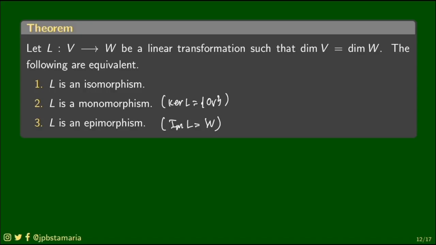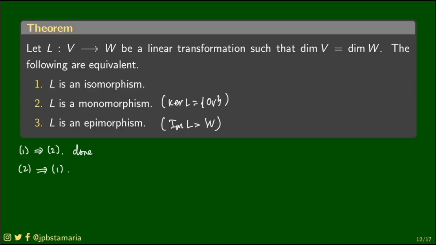To show why this is true, the key ingredient here is the rank nullity theorem. For example, 1 already implies 2 by default because an isomorphism is both 1-to-1 and onto, therefore 1-to-1. The question is, why must 2 imply 1?